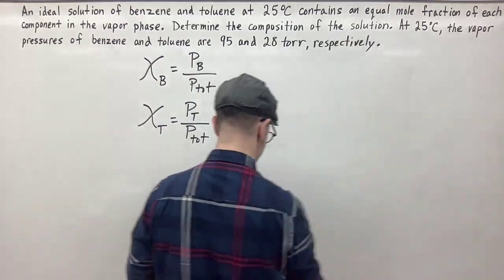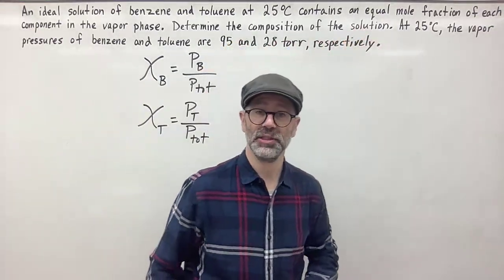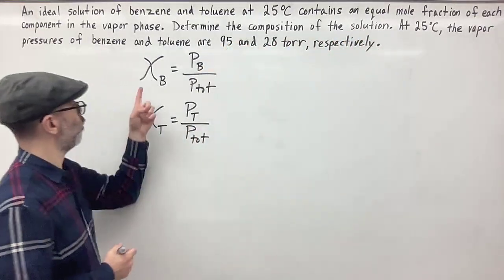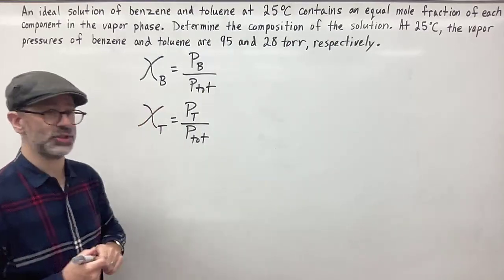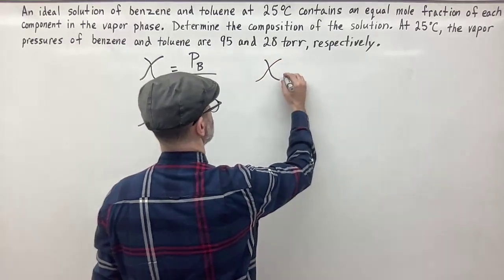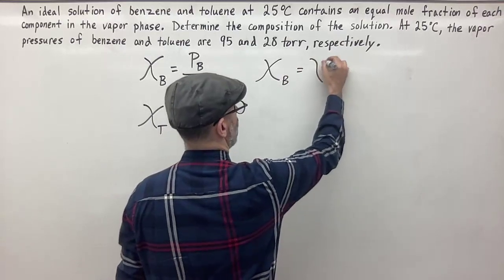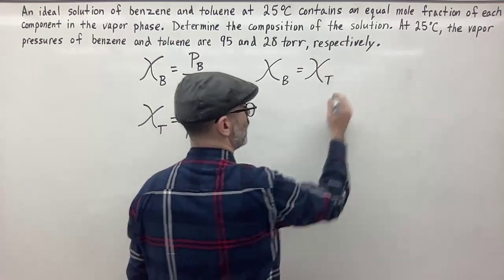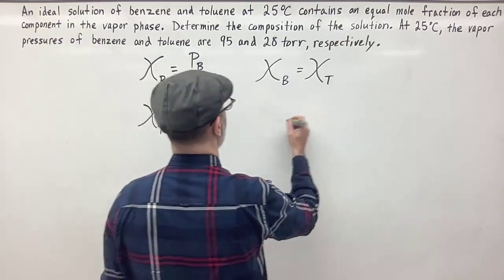They tell us that it contains an equal mole fraction. So what does that mean? It means that the mole fraction of benzene and toluene are equal to each other. Basically, the mole fraction of benzene is equal to the mole fraction of toluene in the vapor phase. Remember, we're talking about the vapor phase here.